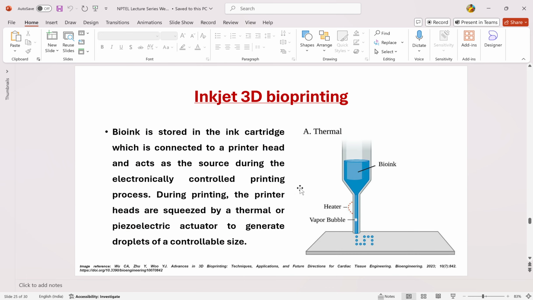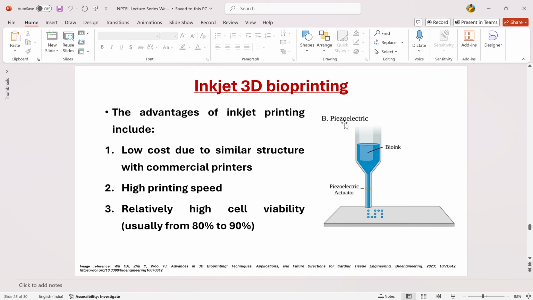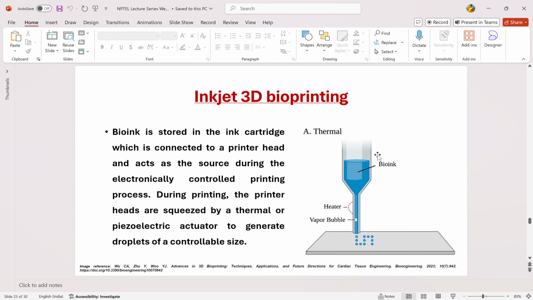You might have already studied these three kinds of bioprinters. First is an inkjet 3D bioprinter. This can be of two types. First is a thermal type, another is a piezoelectric type. Thermal type is basically you're heating your bioink. There's a heater here which will heat your bioink and then inject, meaning drop by drop it will inject your bioink.